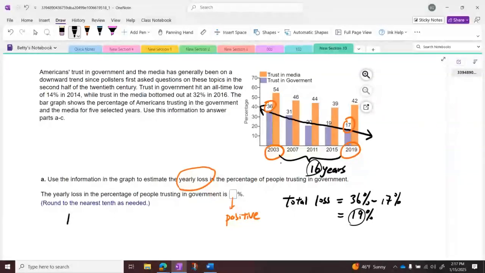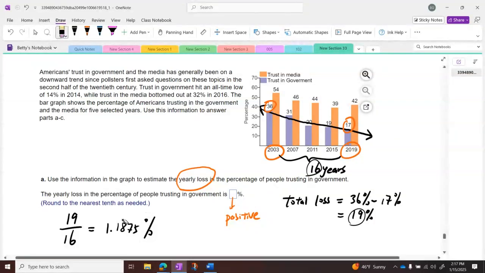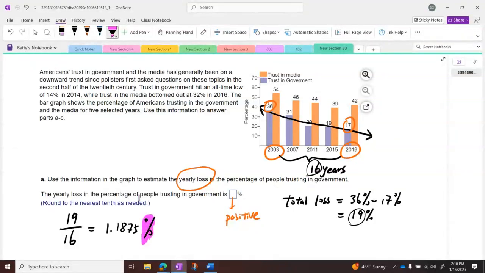So I would use 19 divided by 16, right? And let's see what I have when I divide 19 by 16. I have 1.1875%. Okay, the percent, you don't have to enter the percent. The percent is already in the problem. So again, from 2003 to 2019, the percentage has gone down 19% over 16 years. Now, how many percent every year, averagely speaking?